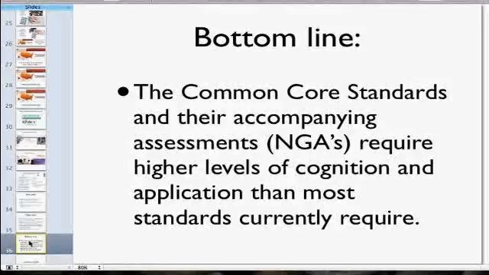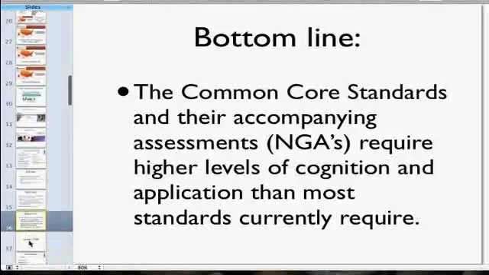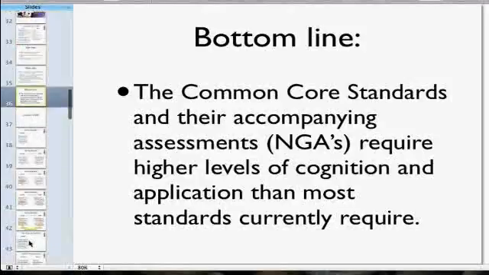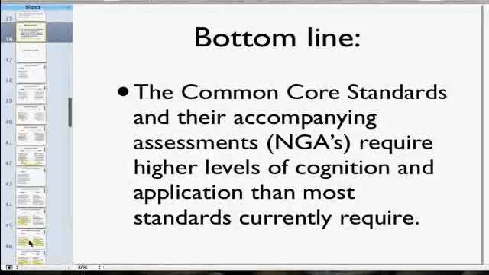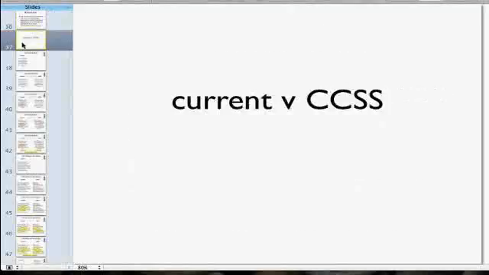Most standards meaning throughout the states, the different kinds of standards currently, I would say that the vast majority are at levels that are not quite at the Common Core levels. So I wanted to spend a minute showing you some current standards versus Common Core state standards.